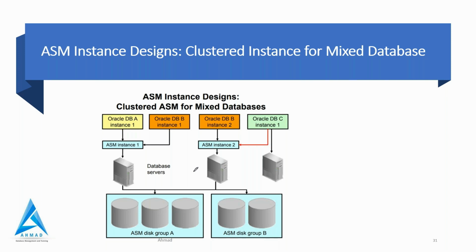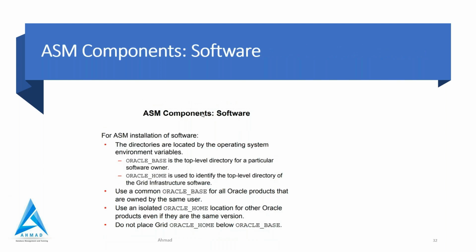So in this example, instance 1 is a client of ASM instance 2, which has incorporated another ASM, that is Flex ASM. The mode is basically based on standard ASM, so I will not cover Flex ASM.